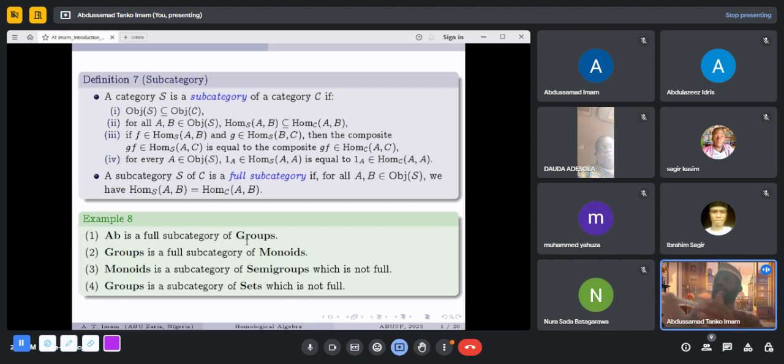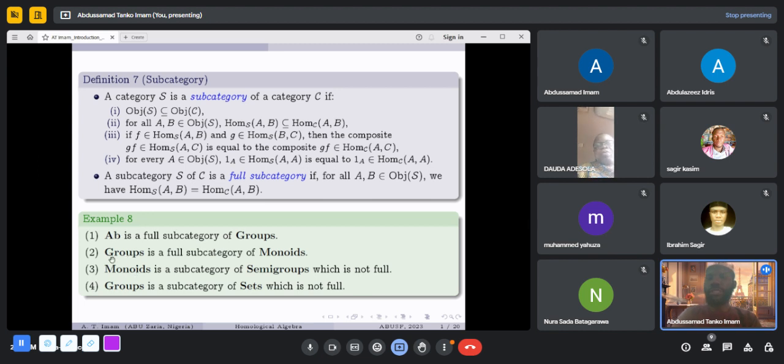The set of homomorphisms will be the same. So every group homomorphism between two abelian groups in Groups will be the same homomorphism between the two abelian groups in the category of abelian groups.